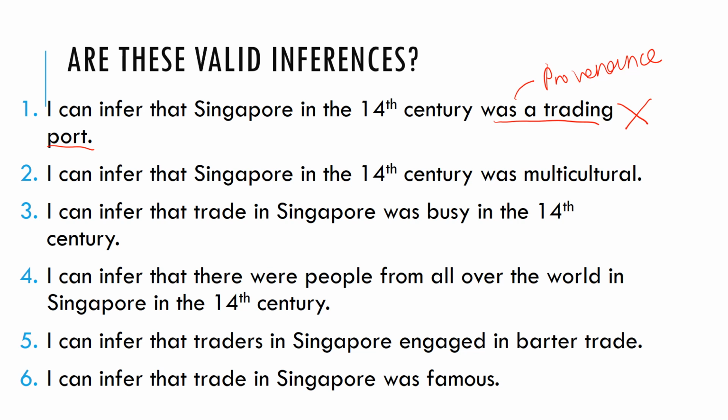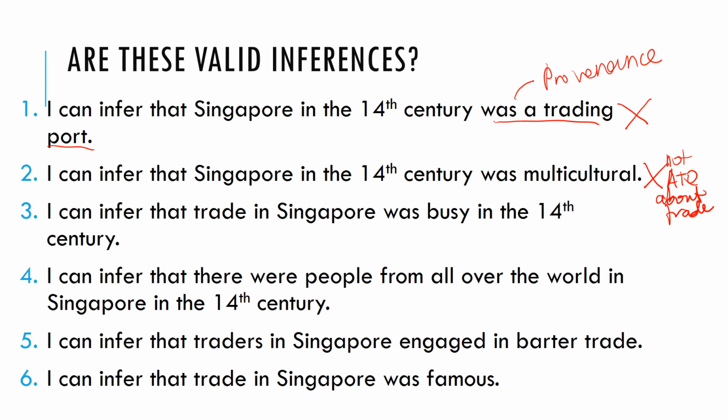It's not a thought, it's very obvious in fact. Next. I can infer that Singapore in the 14th century was multicultural. No, because the statement is not answering the question about trade. It is not about trade. It's not a valid inference in this case.